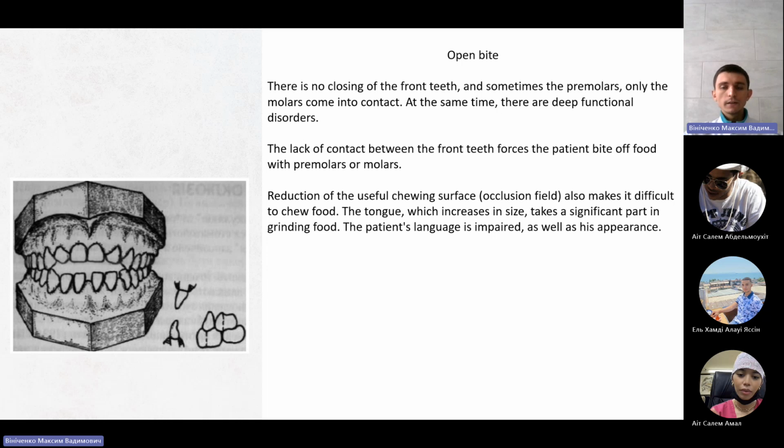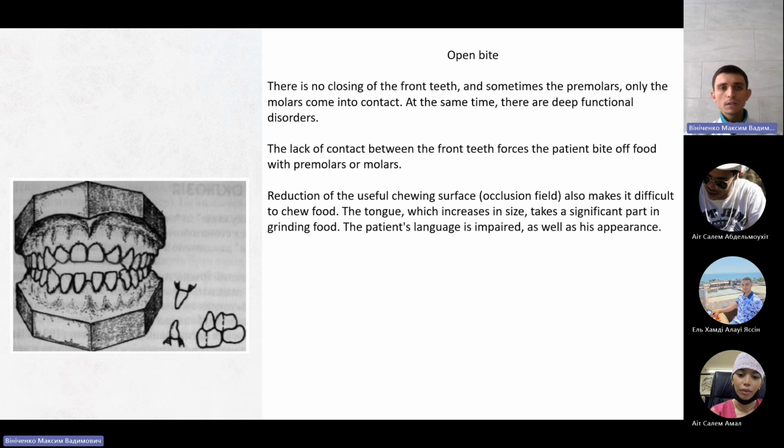We know that the last teeth which are in contact could be the second molars. So here is type number 1. Here is type number 2. And this is from the left and from the other side, there are the open bites.